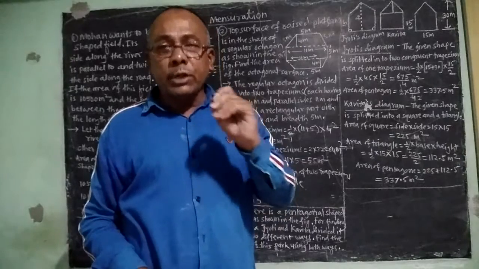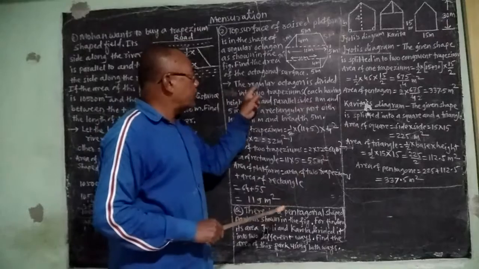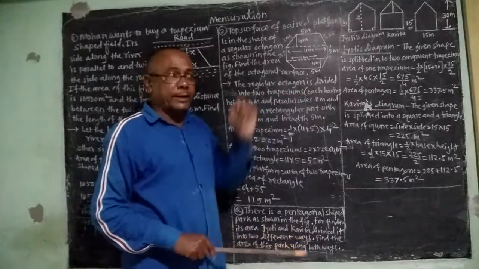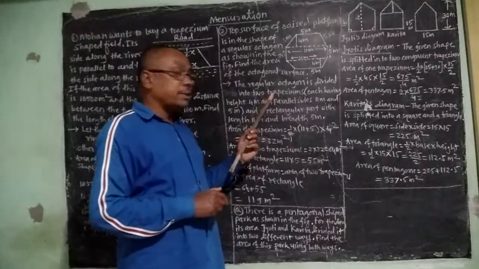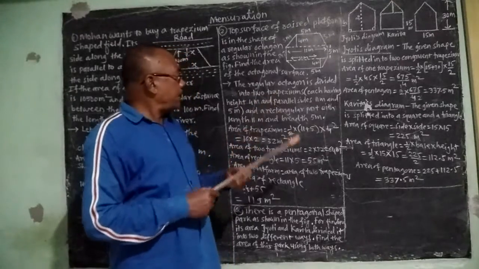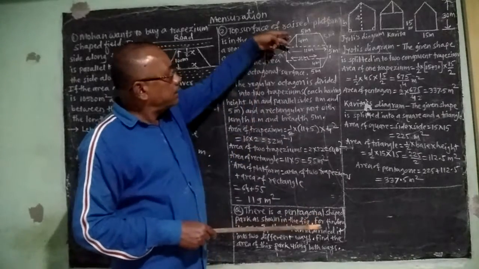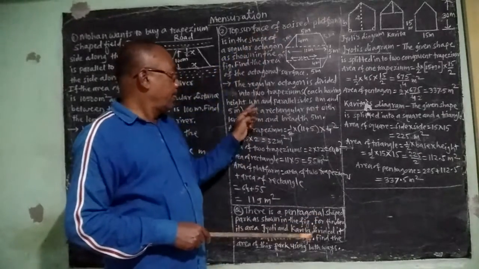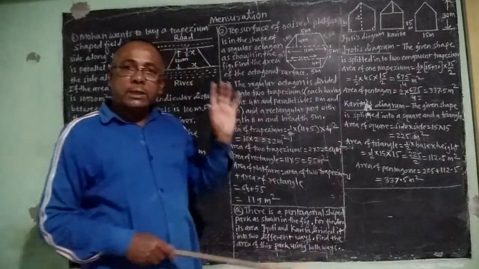of the octagonal platform. So first of all, the regular octagon is divided into two trapeziums, and each trapezium has height 4 meter, with parallel sides 11 meter and 5 meter respectively.